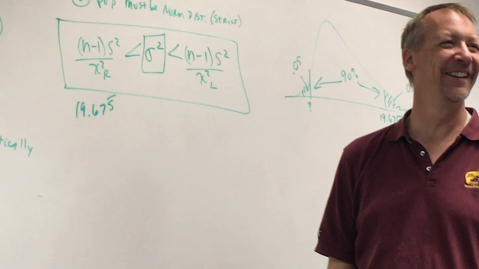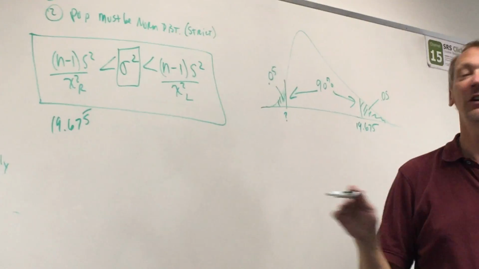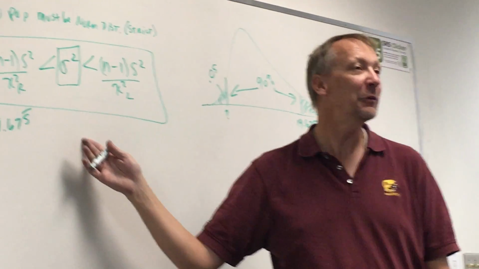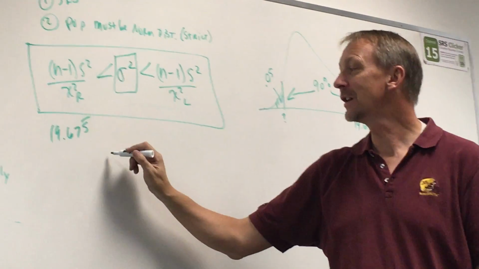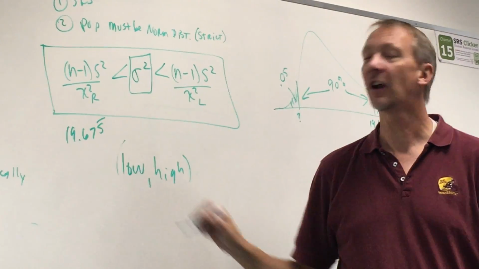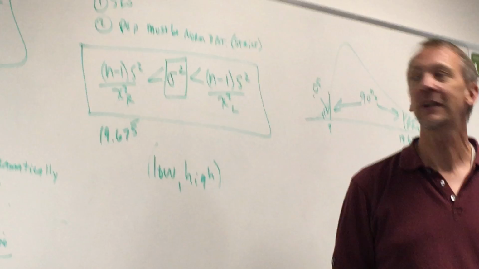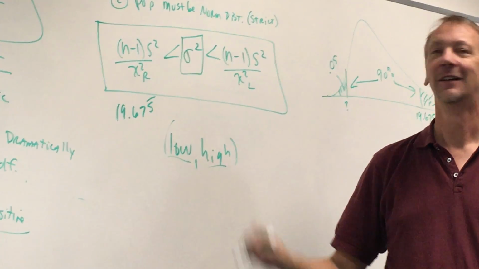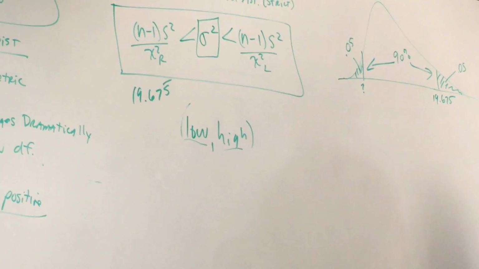It's on the right here, it's on the left here. Really easy to confuse. It doesn't really matter if you mix these up. When you get done, just remember you put the low number and then the high number in your confidence interval and you'll be all set. I mix them up all the time and then I just go, oh, put them in order. Always low number, then high number.